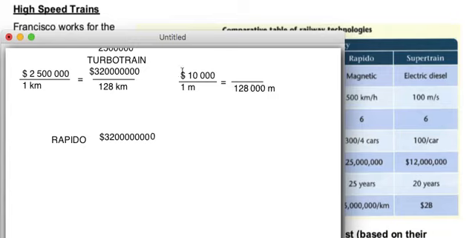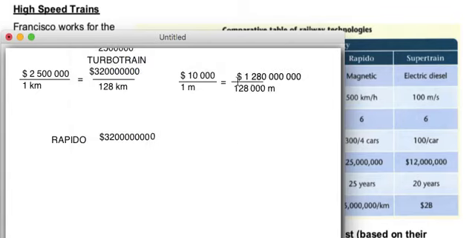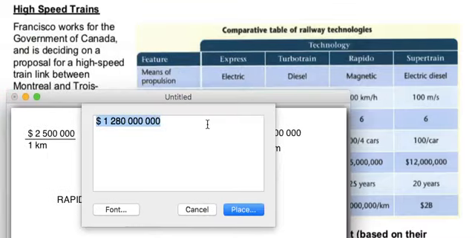So 128,000 times 10,000, that just means adding 4 zeros. So I've got 128,000, and then I just add 4 zeros. I'm going to fix up my spacing here. And this is what I end up with as a cost for that one. So $1.28 billion. Very expensive. And that is your cost for the express train.